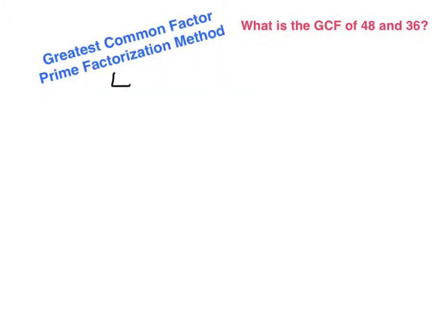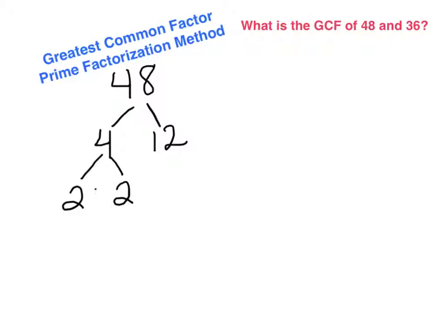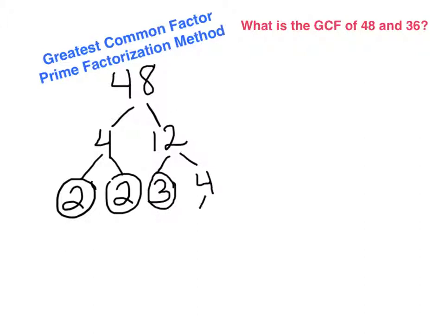We're going to start by making a factor tree of 48. There are choices for the factors. I'm going to do 4 times 12. Since 4 is not prime, I'm going to divide it again into 2 times 2. Those are both prime numbers, so I can circle them. 12's not prime, so I've got to do factors of 12, and I get 3 and 4 as a choice. 3 is prime.